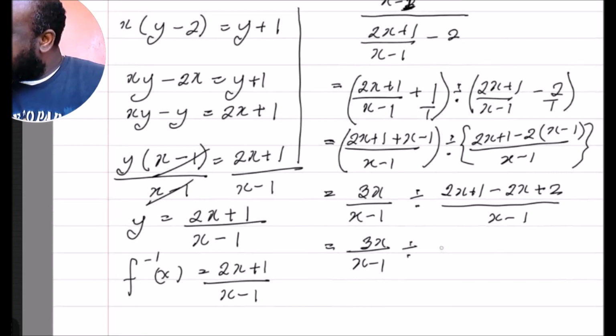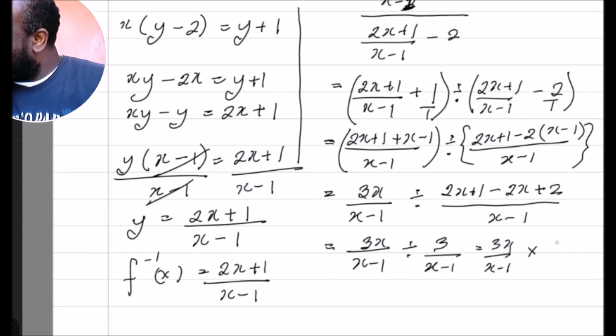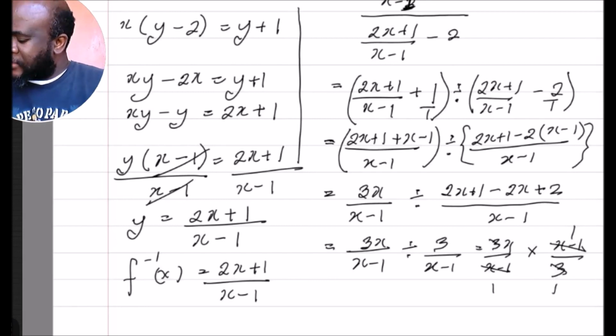Divide by, at the top, 2x minus 2x, that's gone. 1 plus 2 is 3. So this is 3 over x minus 1, which is 3x over x minus 1 times x minus 1 over 3. x minus 1 cancels the x minus 1. 3 cancels 3, which leaves x.